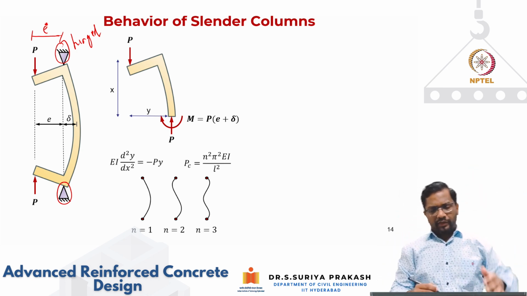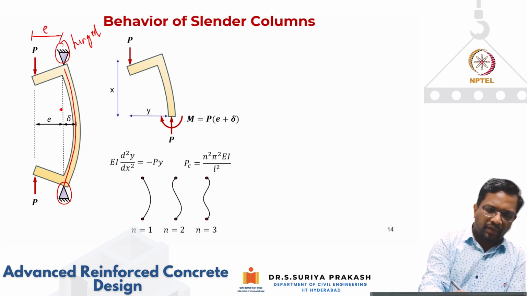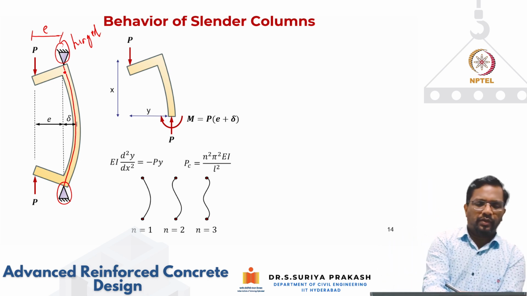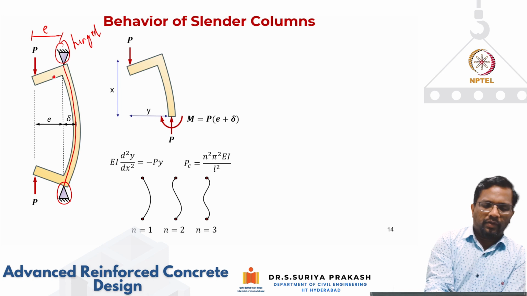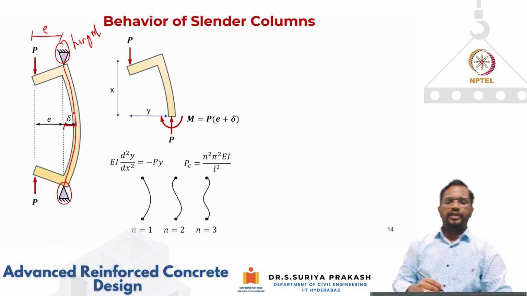If we start increasing the load, the column is going to bend like this. You can see the column is bending, and you have a larger deflection at this point, which we call, let's say, delta.